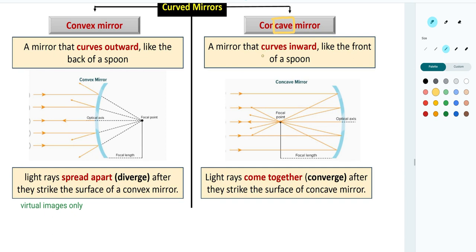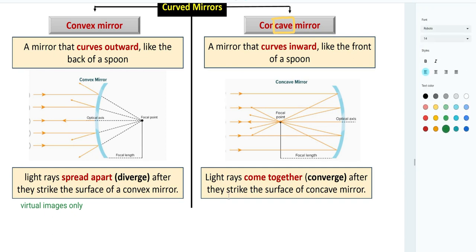For this reason, concave mirrors can do both virtual and real images, depending on where the object is located. So light rays come together, they converge after they strike the surface of a concave mirror.